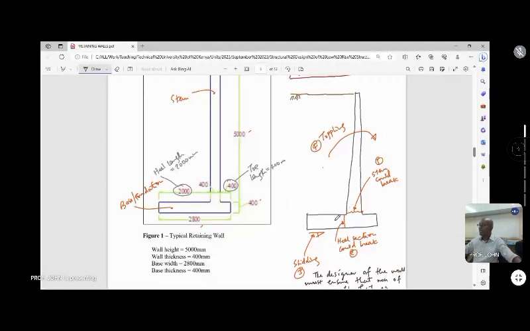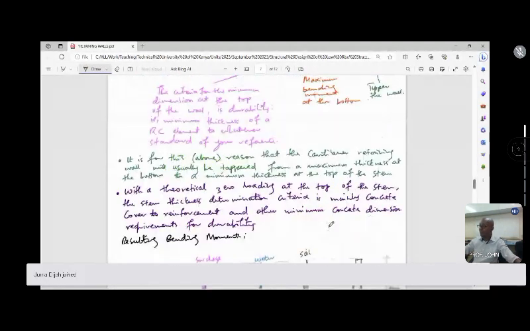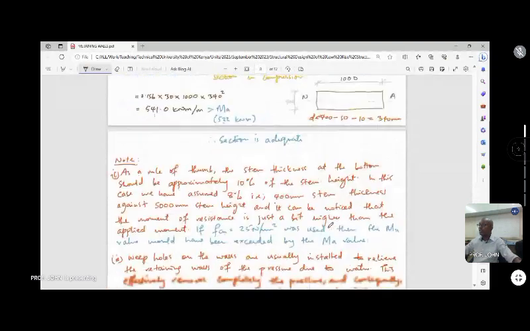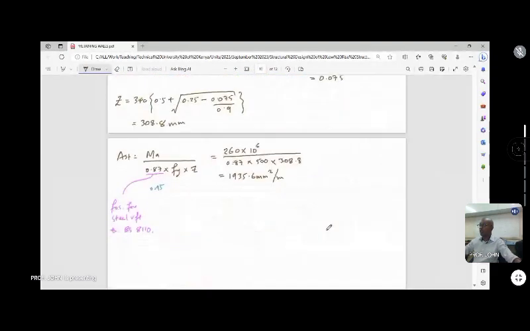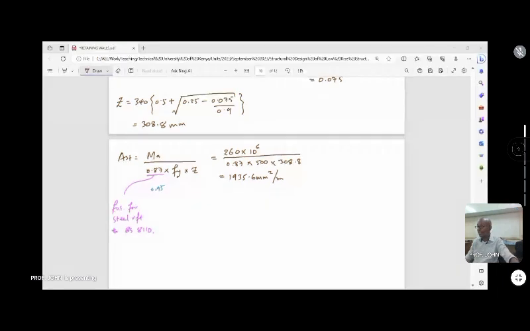We have said there's a minimum amount of reinforcement that we need to provide to ensure that the wall does not break at that point at the bottom of the stem, and this is 1935 millimeters squared per meter.